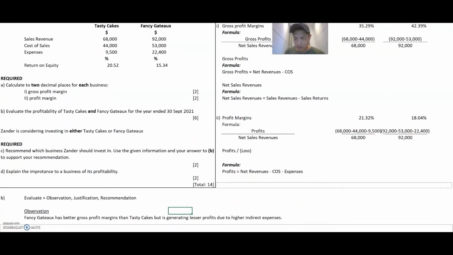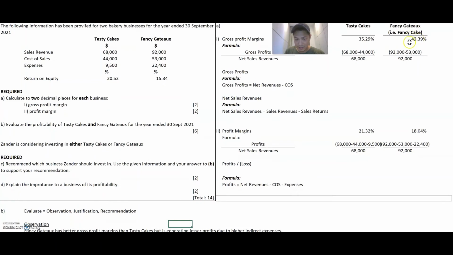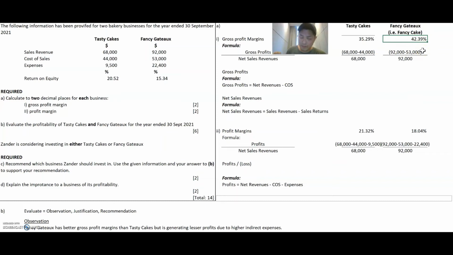Fancy Gâteau's gross margin is 42%, right? If you recall, Tasty Cake's is 35%. Although they start out at a better margin rate than Tasty Cake, their ultimate profit margin is lower than Tasty Cake's.